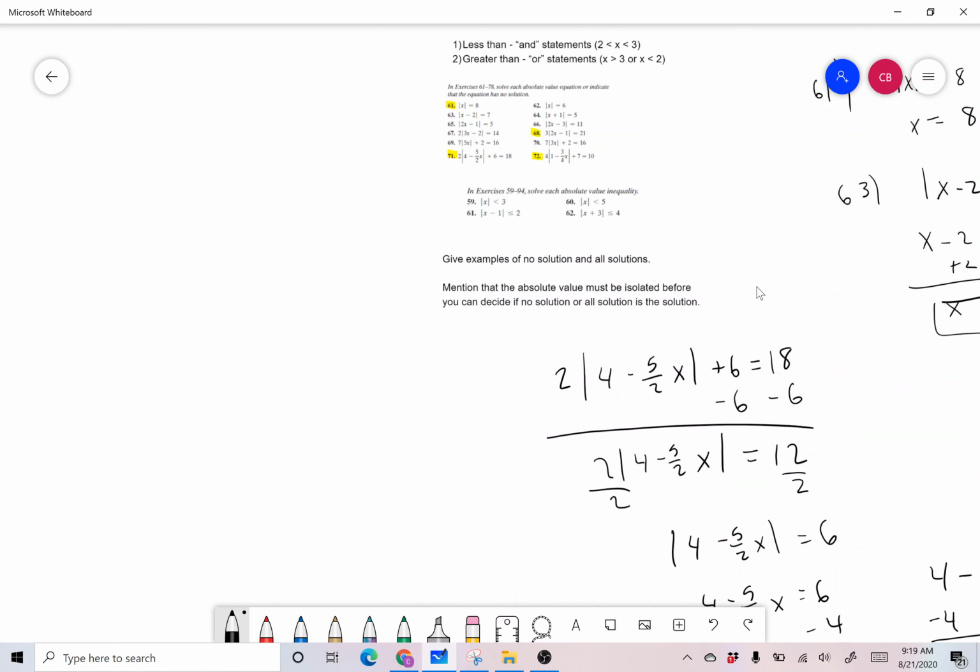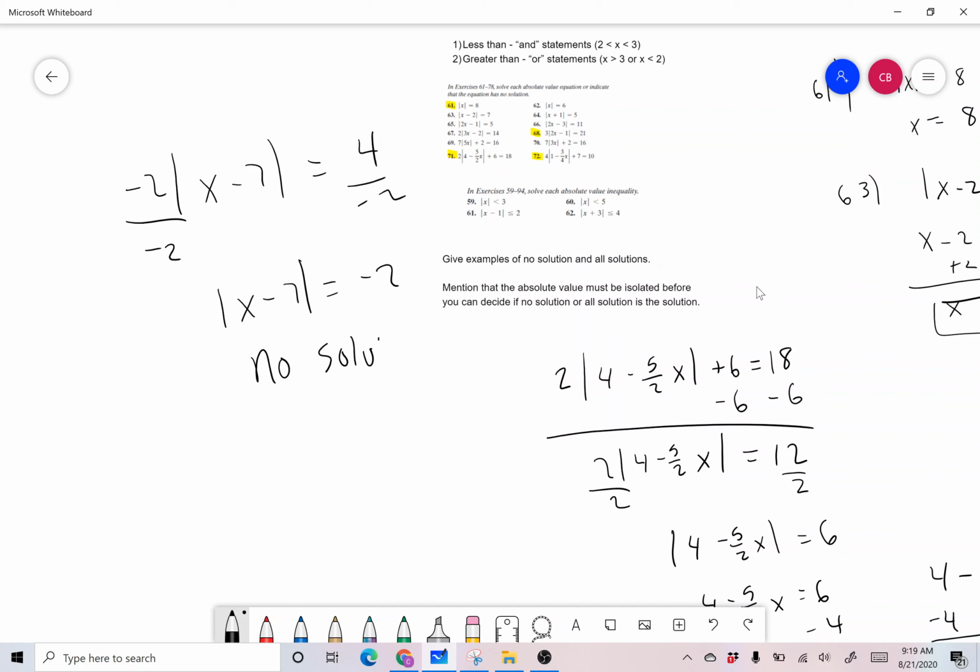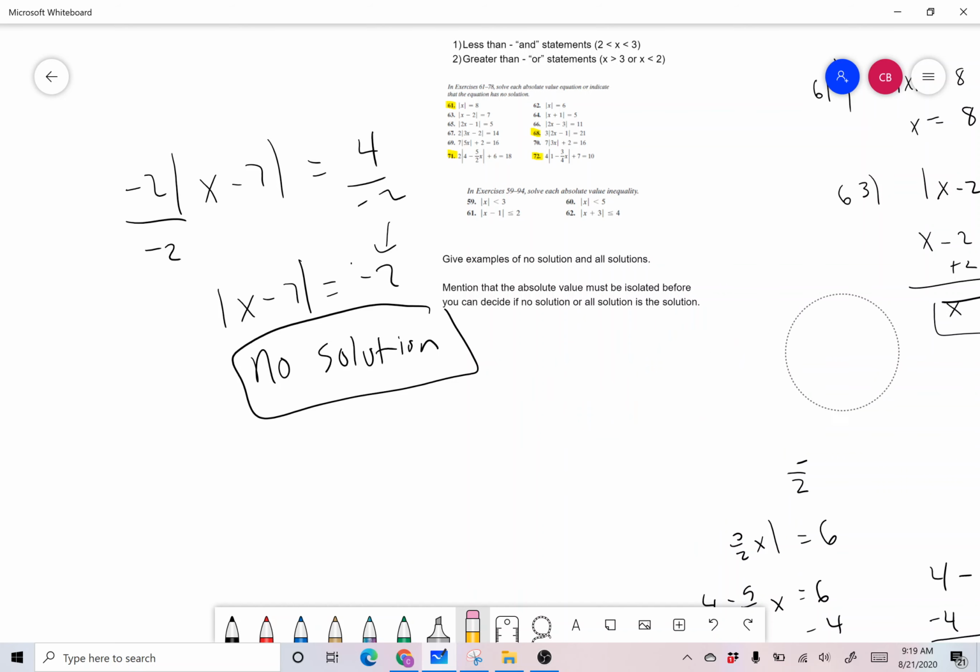Let's say you got something like this, the absolute value of x minus 7 equal to a negative. I isolate, then I say no solution, because if this is negative, it is no solution. All right, so that is that.